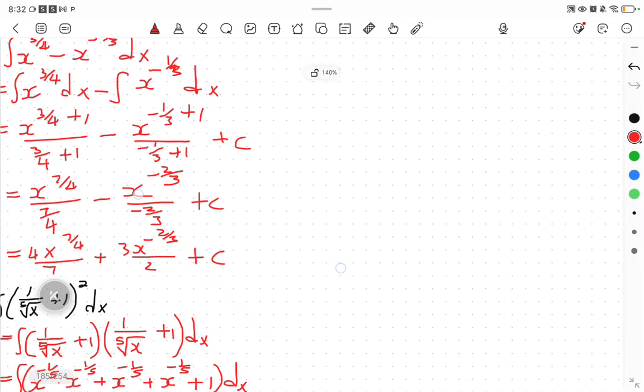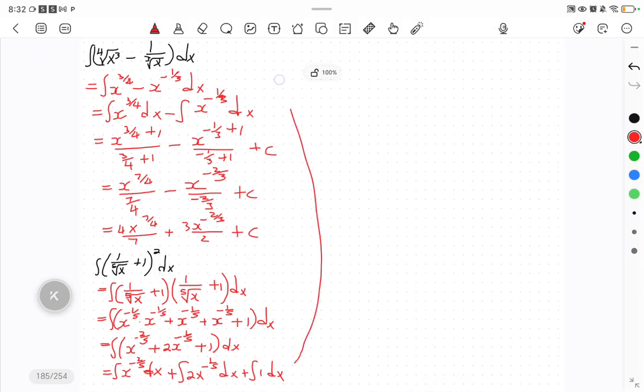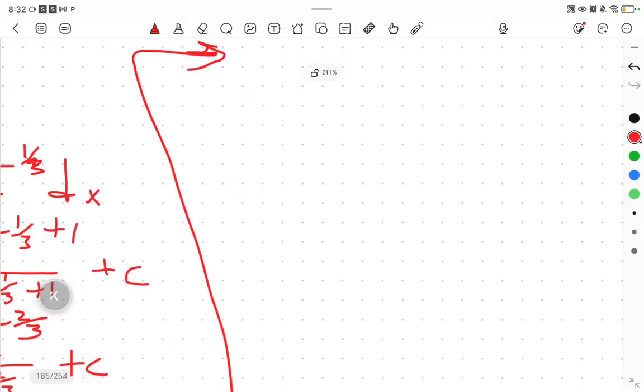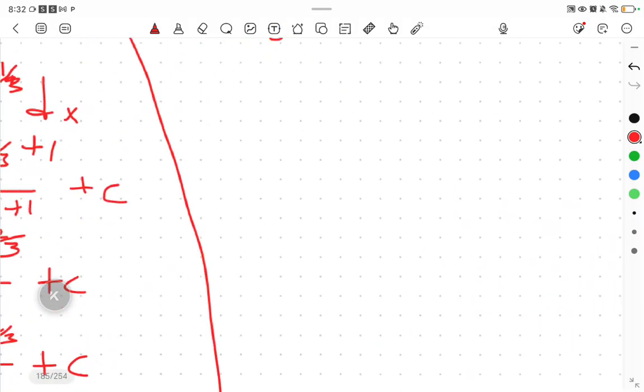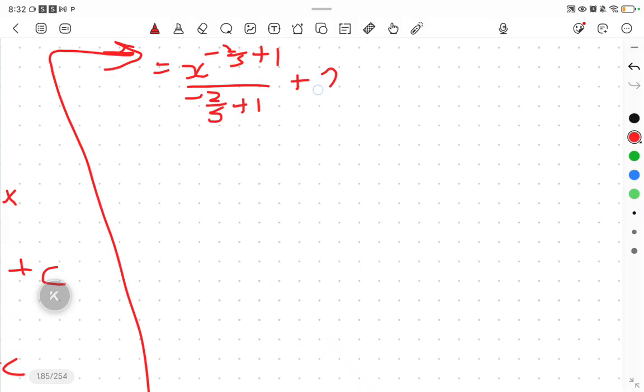So this would be, and then this would be 2x, then you can just be checking what are these.